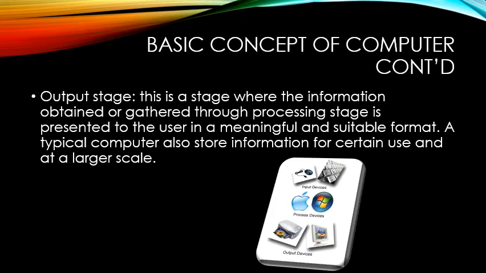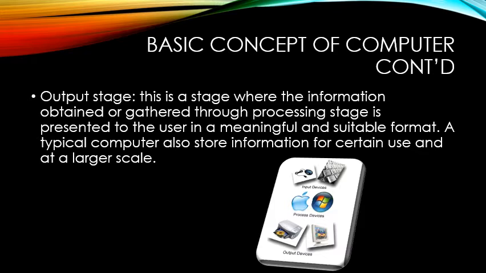Basic concept of computer continued. The next stage is the output stage. This is the stage where the information obtained through the processing stage is presented to the user in a meaningful and suitable format. A typical computer also stores information for certain use and at a larger scale. After the input stage and the processing stage, the next stage is the output stage.